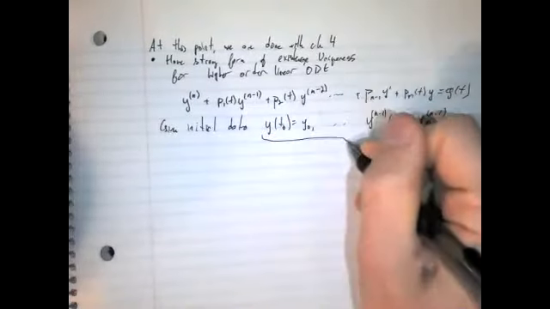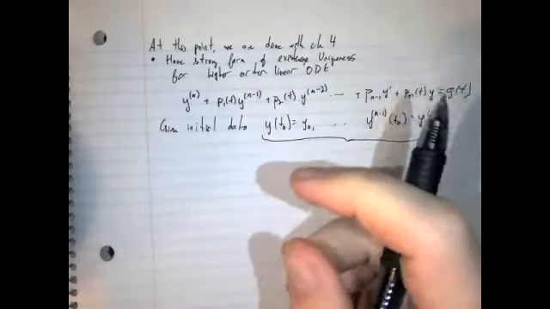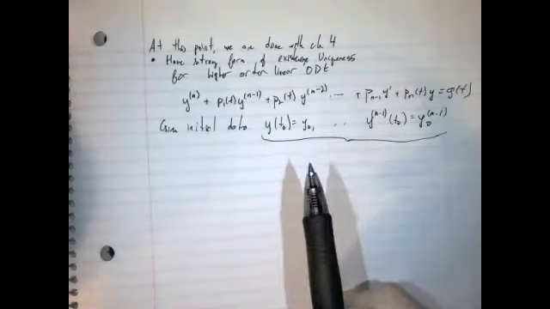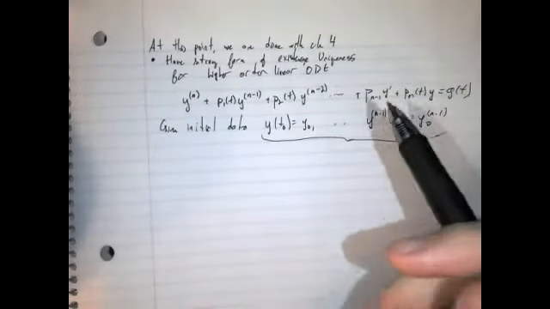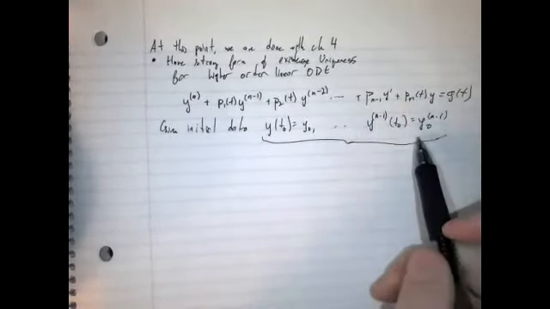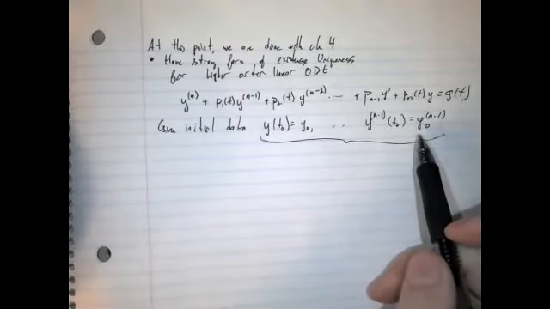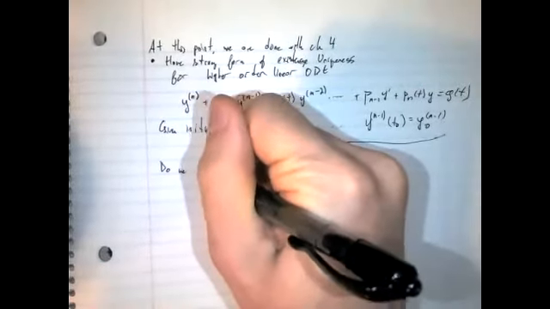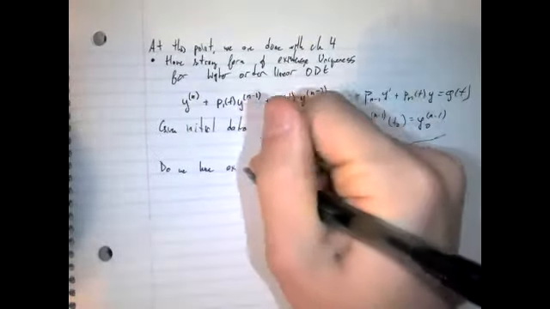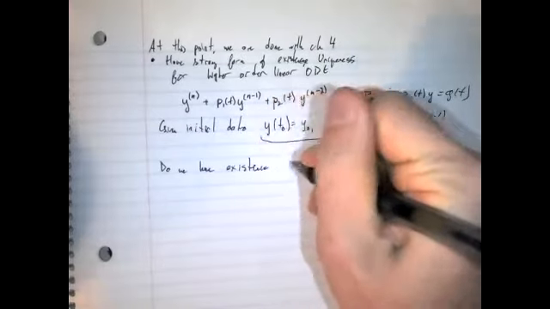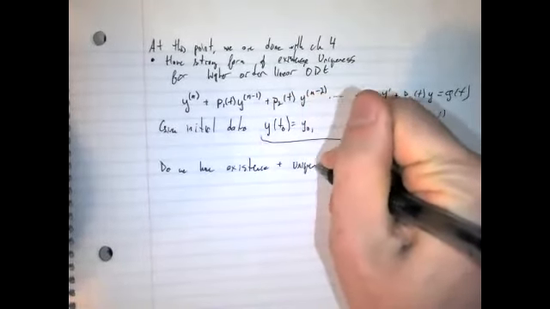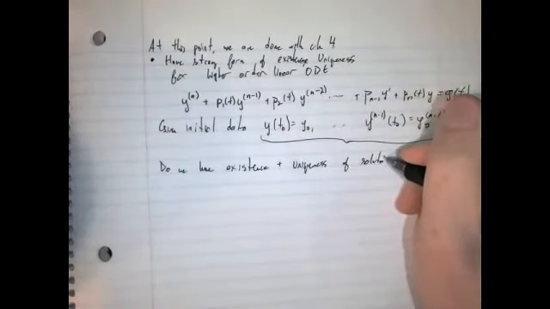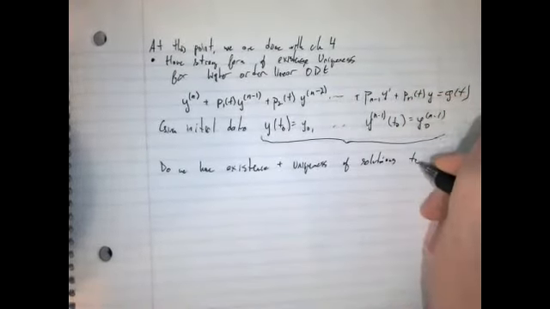This is the initial data that would be required. Once we have this initial data, we can ask, do we have existence and uniqueness of solutions to this IVP?